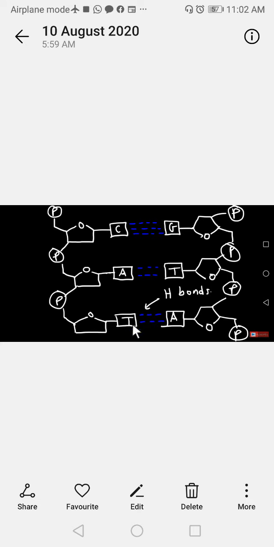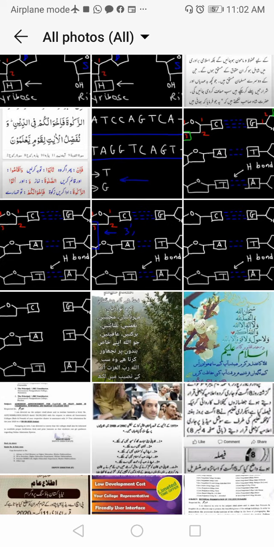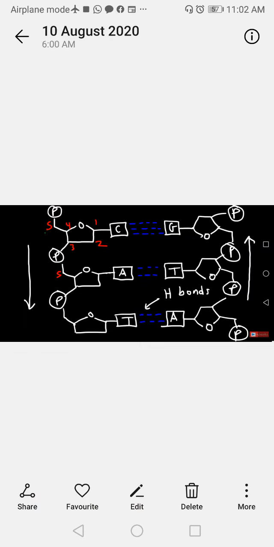Two dotted lines mean two hydrogen bonds between thymine and adenine, and adenine and thymine. Three hydrogen bonds are present between GC, guanine and cytosine. This is a very important thing which you should remember.